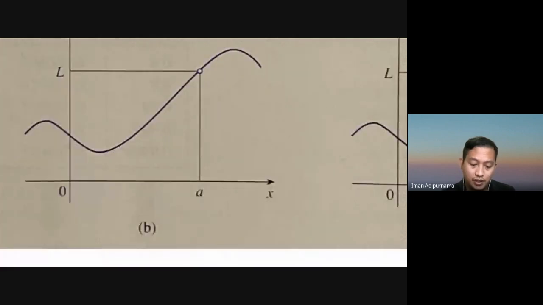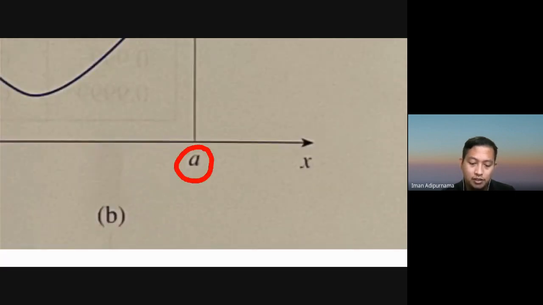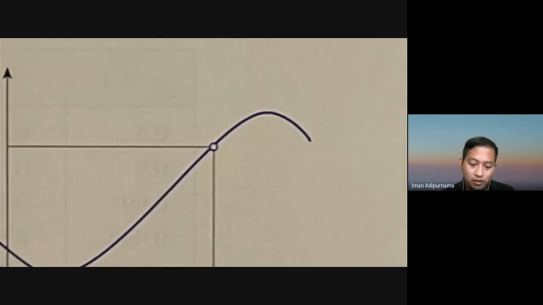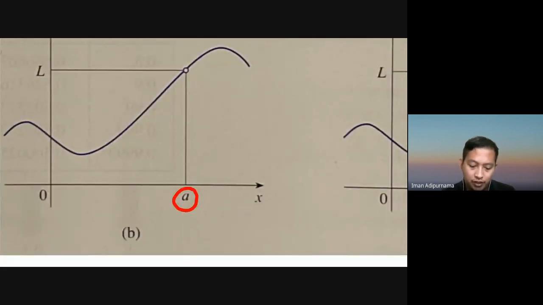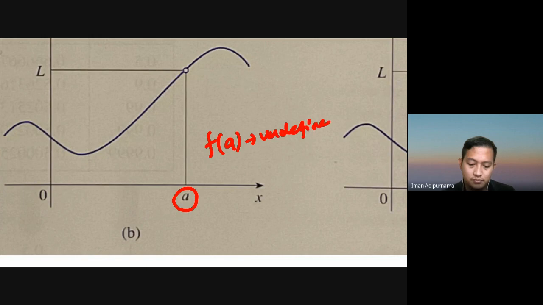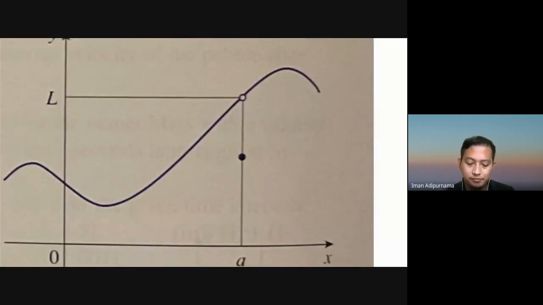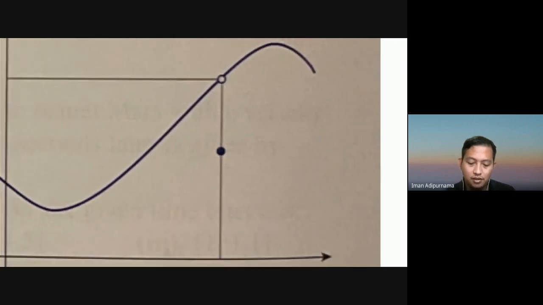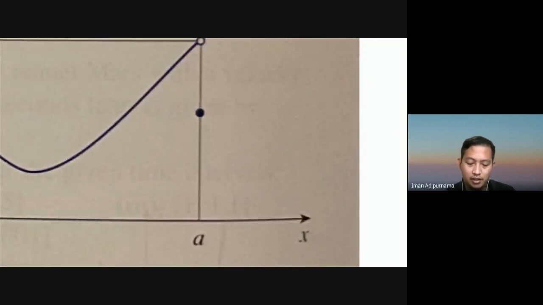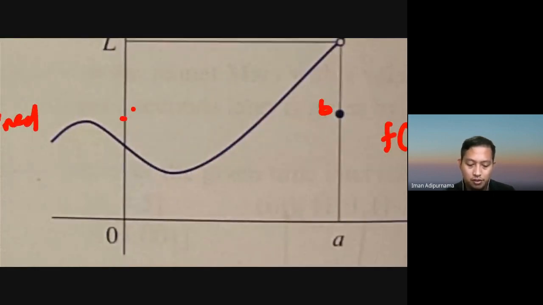So we know that at this point here, at x equal a, f of a is undefined. And we also can see from here, actually, f of a has some value, maybe b. Maybe this is b, or this b, probably.